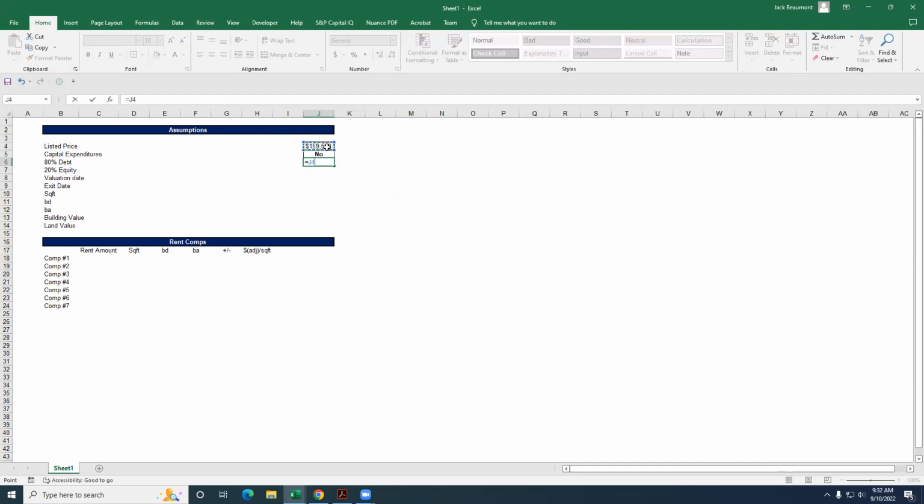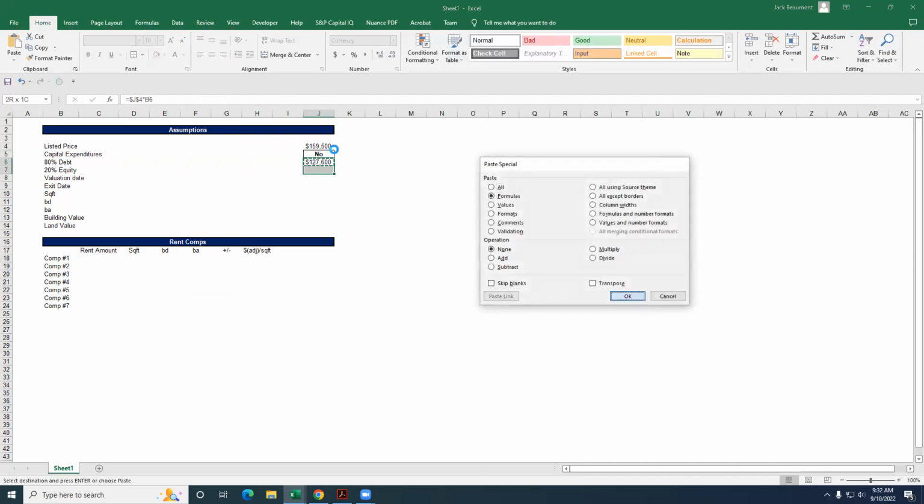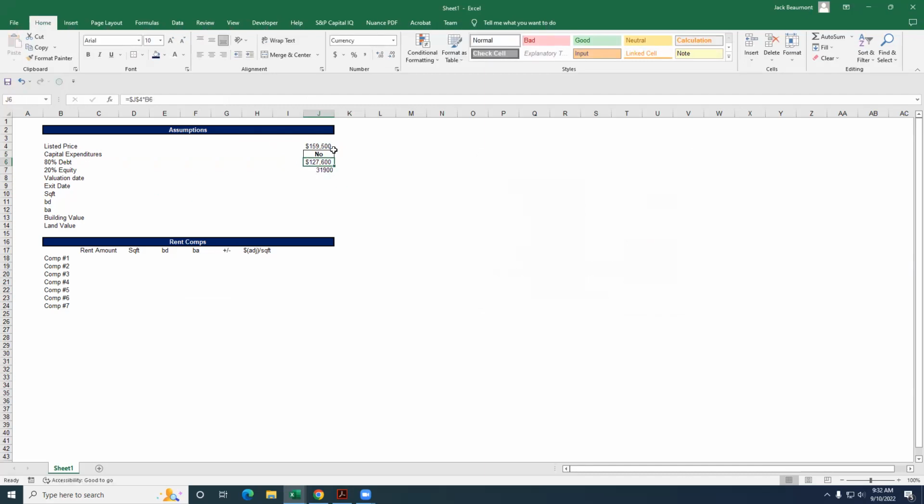But we're going to anchor all of that. We're going to multiply that by the amount of debt. Then I'm going to copy that down. What I did there is I did Control C, I went down, I did Alt ES, and I just copied the formula, because if I copied all, it would have had a border sitting around the top there, and I didn't really want that.